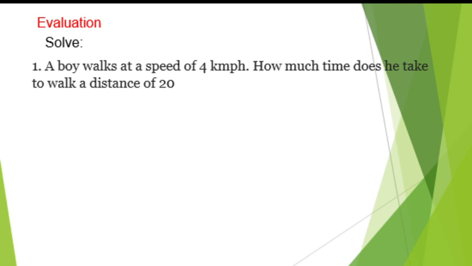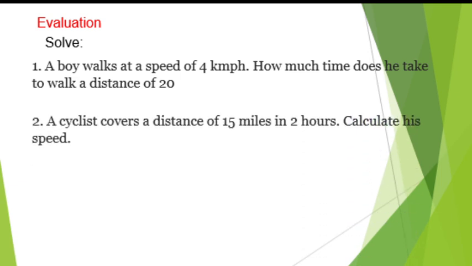A boy walks at a speed of 4 km per hour. How much time does he take to walk a distance of 20 kilometers? Next, a cyclist covers a distance of 15 miles in 2 hours.